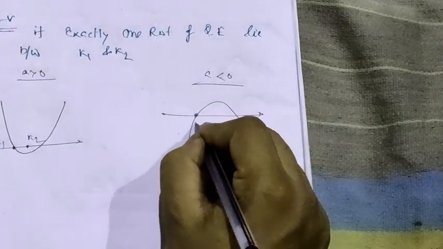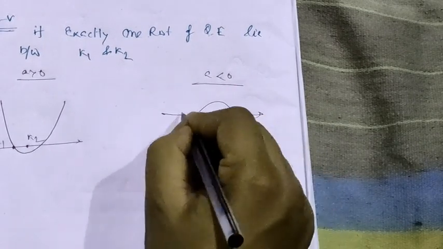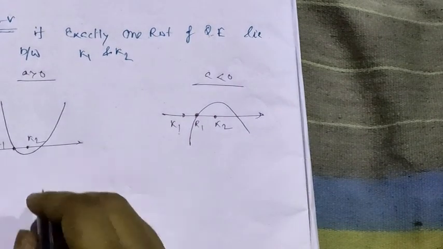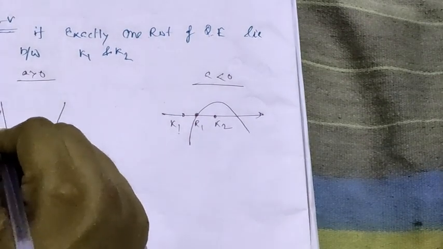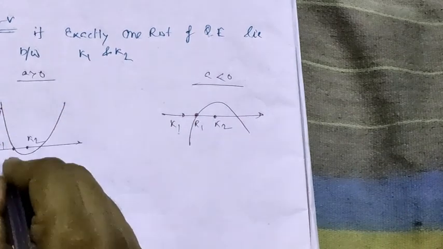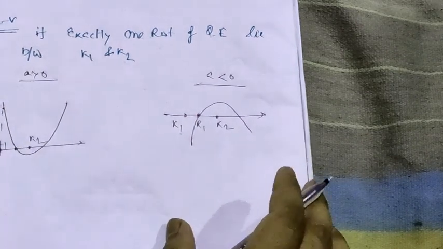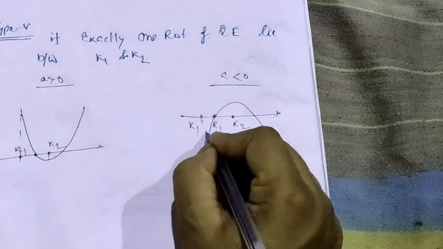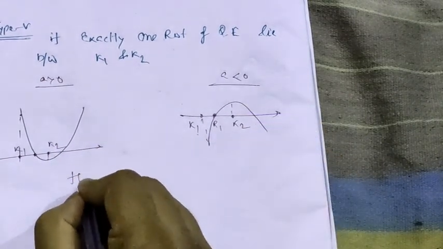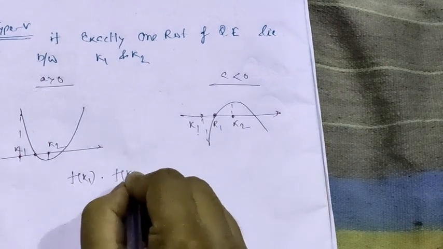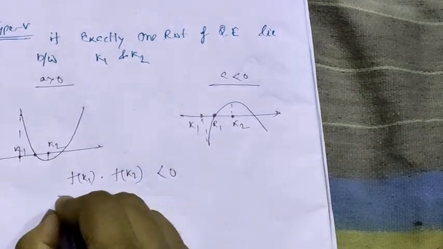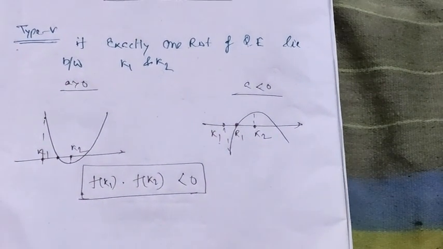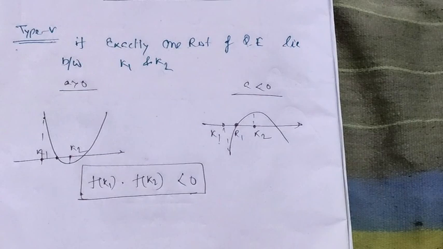Here also, I assume it is the root, and it is k2 and it is k1. You can check that f of k1, the value of the function at x equals k1, and f of k2 are in opposite directions in both the cases. So f of k1 multiplied by f of k2 is less than 0. This is the only condition here. You have to check and get the correct results.